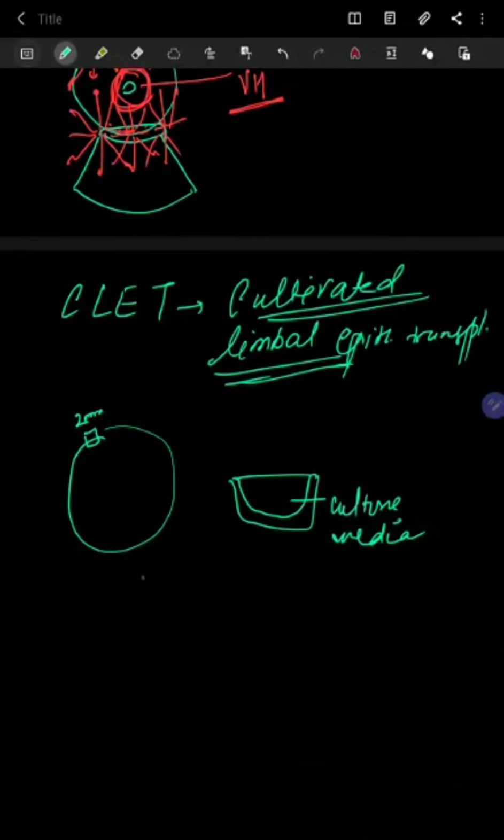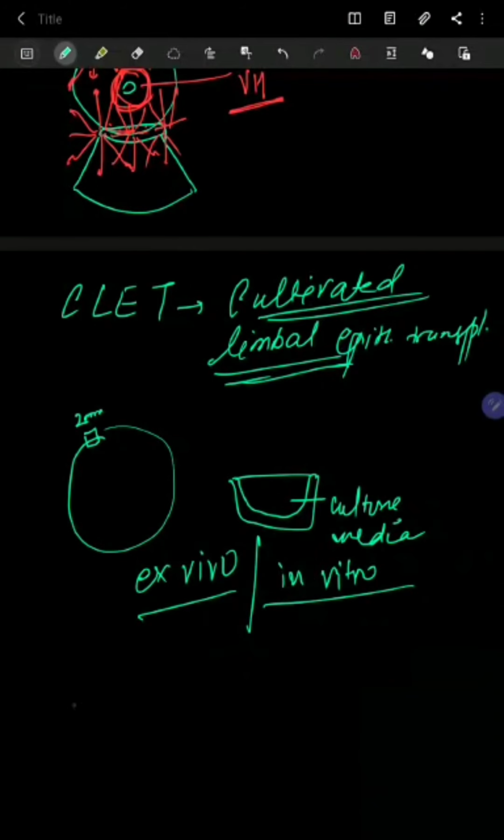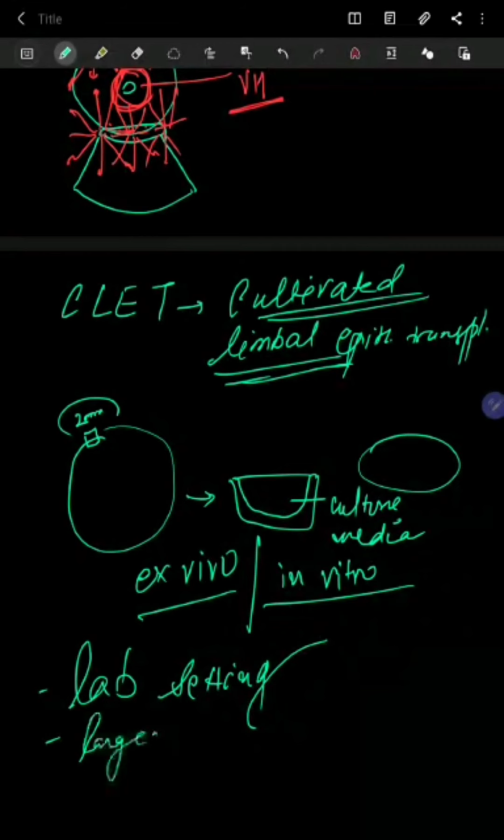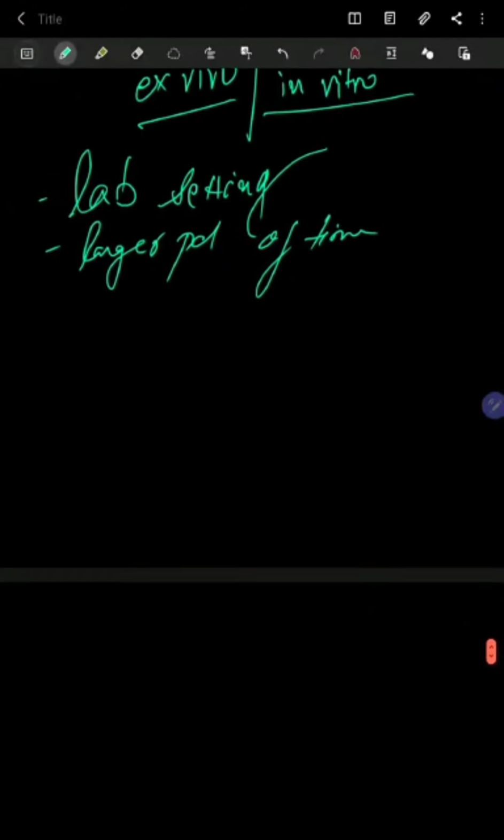So this is basically ex vivo, or what we call in vitro. So what do we need for such procedures? A laboratory setting. And the main intention was to expand this 2 mm into a bigger graft, so we need a larger period of time. So this was not feasible for all centers.